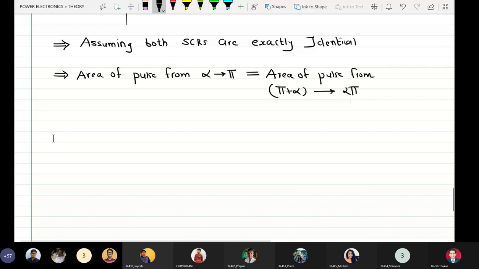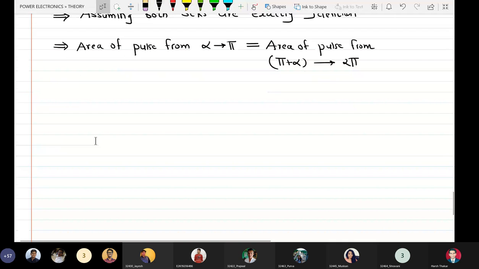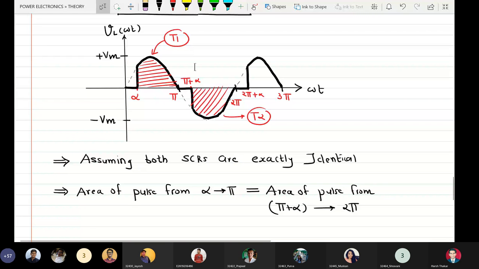And we already told that the average value of any periodic waveform is nothing but the algebraic sum of the areas above and below x-axis. We already told this before.